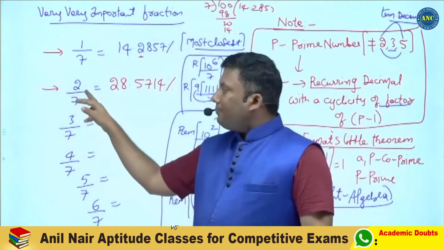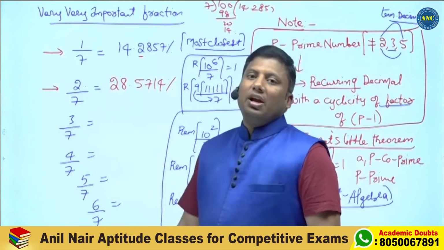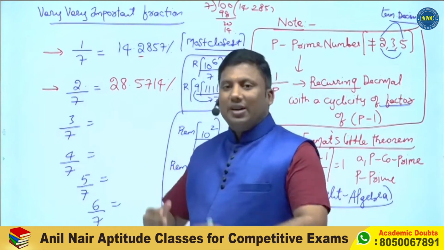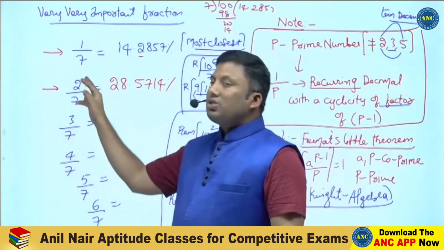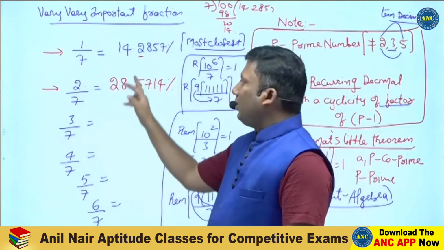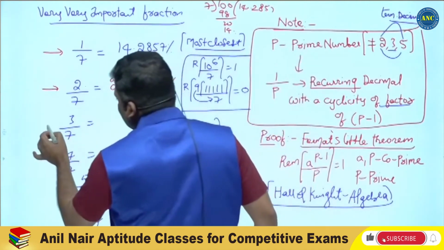2 by 7. Take the numerator 2, multiply by 10. 2 tens are 20. 7 goes how many times in 20? 7 twos are 14, 7 threes are 21. Minimum 2 times it will go. So 28.5714. 3 by 7.